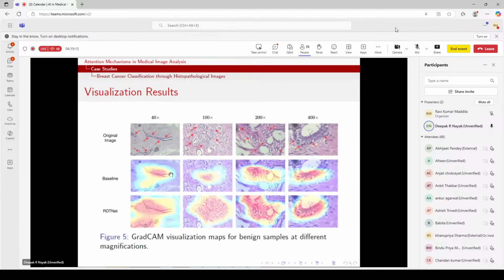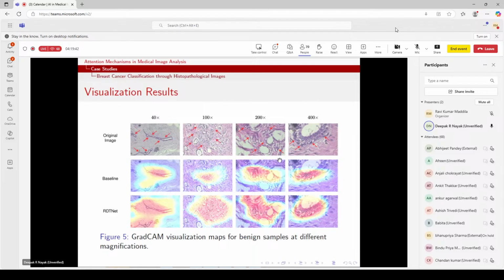And here is the result which we have obtained. Here are the visualization results, with the markers provided by the doctors showing where the pathology regions are in these particular images. If you look at these regions, the model without any attention is not able to focus on the important regions, which are very important for the doctors to identify or make decisions.